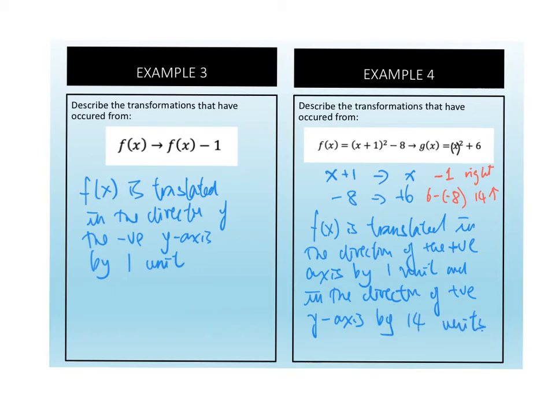All right? Now, I can more or less guarantee you that most of the questions in terms of translation will be in graphical format for you to draw.